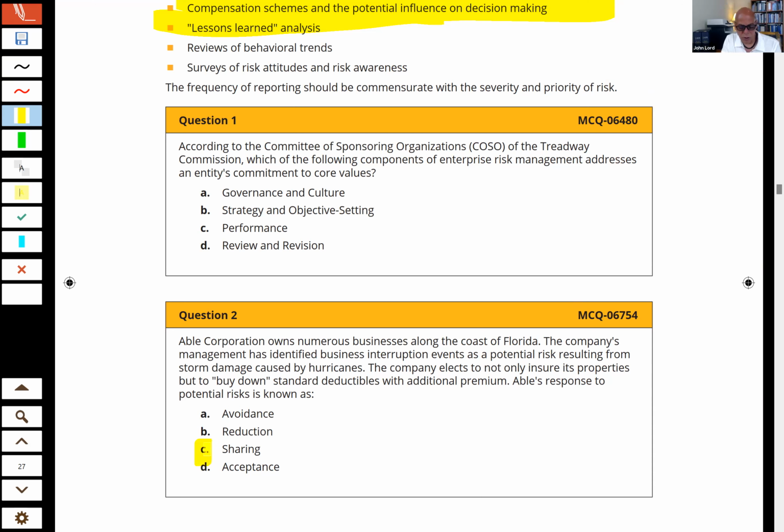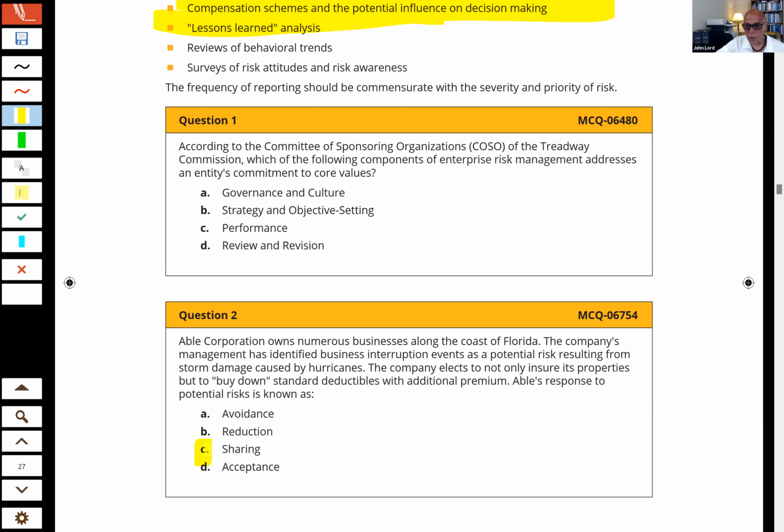Able Corporation owns numerous businesses along the coast of Florida. The company's management has identified business interruption events as a potential risk resulting from storm damage caused by a hurricane. The company elects not only to insure its properties, but to buy down standard deductibles with additional premiums. In other words, take additional insurance here.